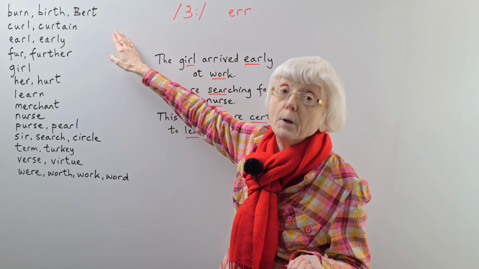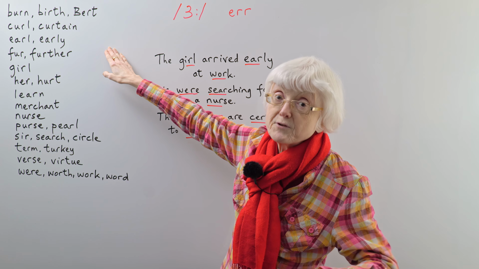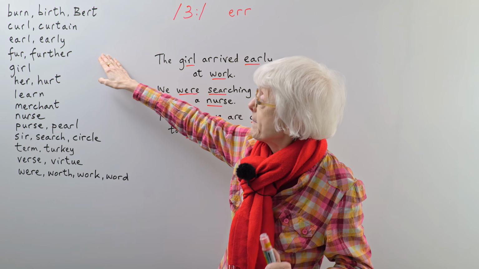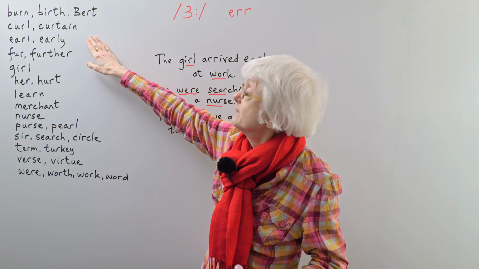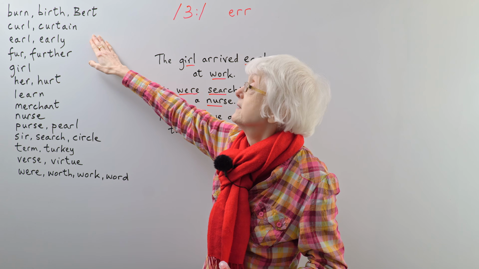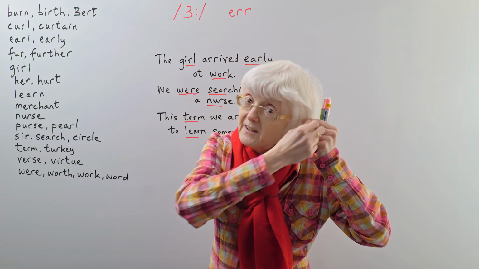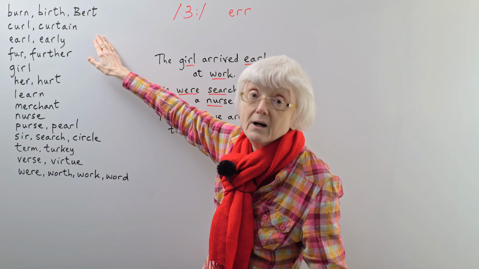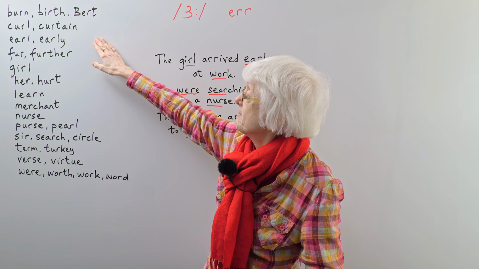Burn, birth, Bert, if you want to repeat it after me as I go through. Okay, and then the next line, curl, curtain. So curl is when your hair is in a curl, okay, and a curtain at the window, okay.